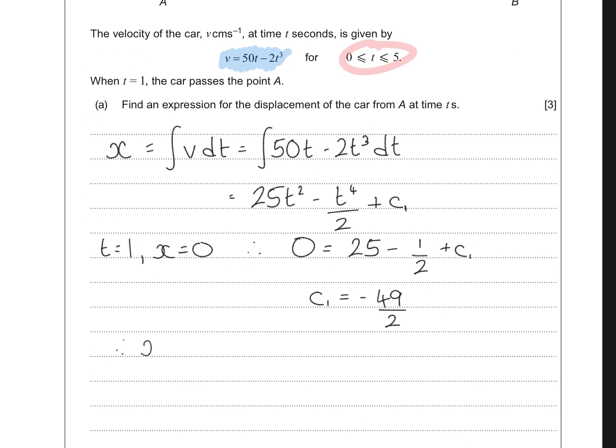Therefore, x equals 25t squared minus t to the 4 over 2 minus 49 over 2, or 24.5 if you prefer. There's literally no difference. There we go. Okay, nice, 3 marks for us there. Moving on.